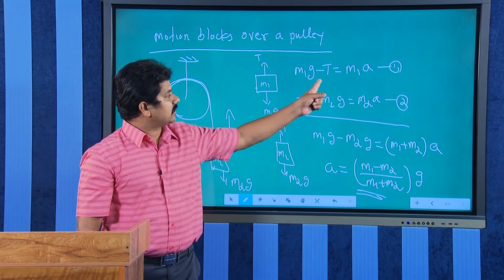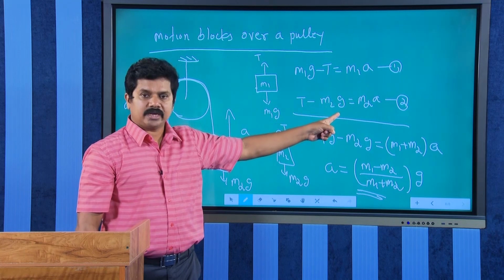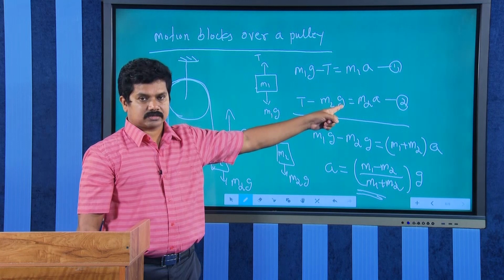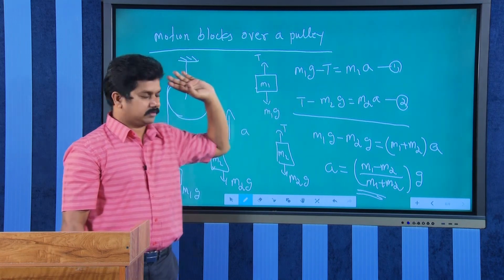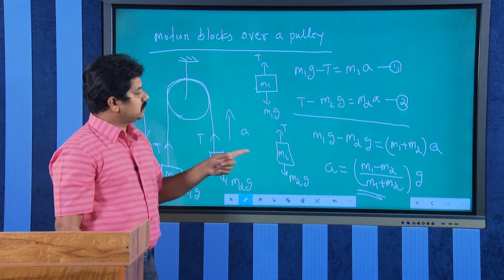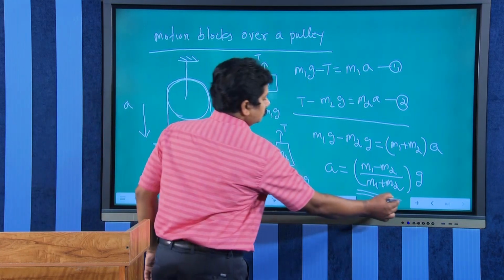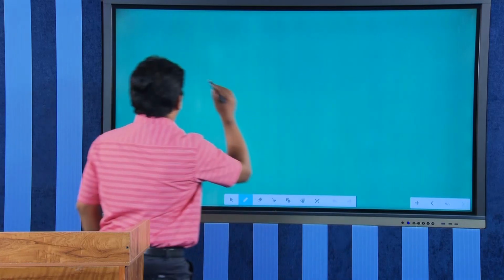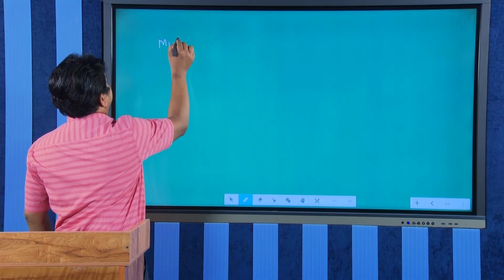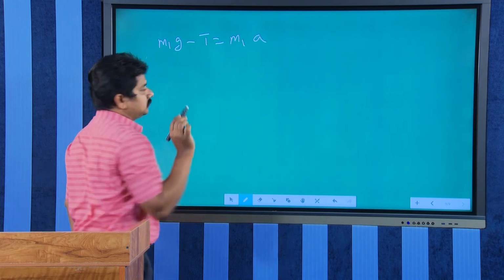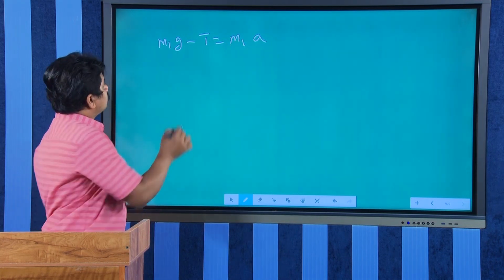We have this relation, right, either equation 1 or 2 we can use, substitute the value of acceleration in this. So, we can use equation 1. If you use this result in equation 1, what you will get? m1 g minus T equal to m1 a. This is our equation 1, right.